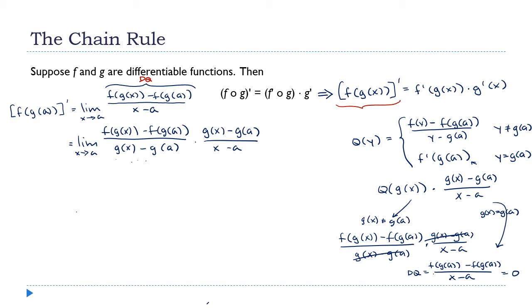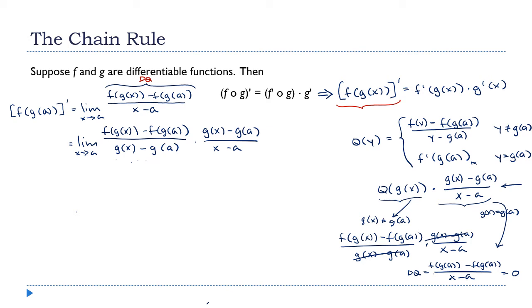Okay. What about our function? What about our expression here? Well, in that case, g of x minus g of a, they're equal, that means this bit is 0. This bit is f prime of g of a. It's a number.